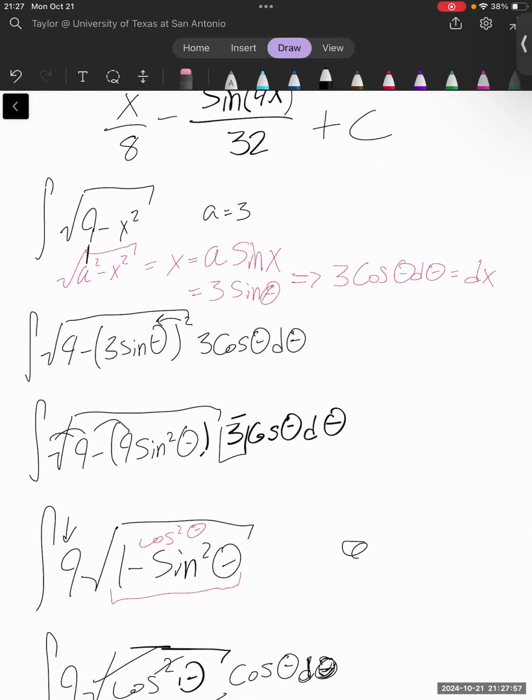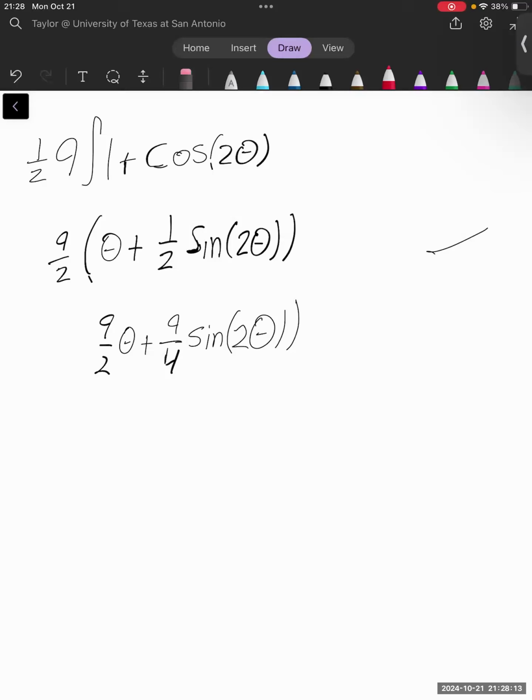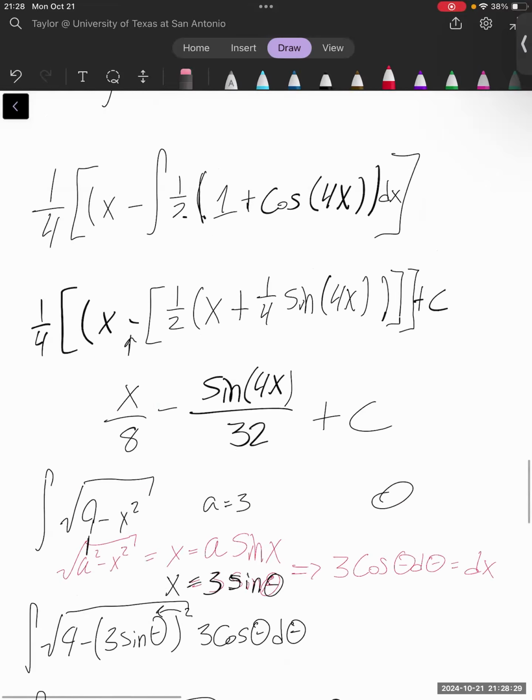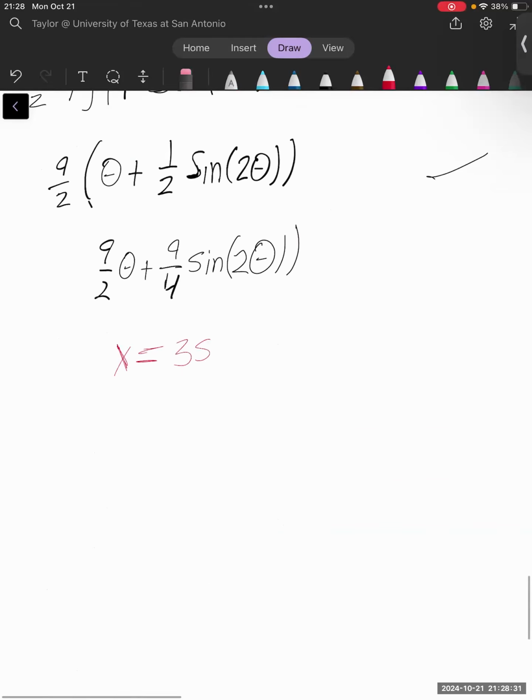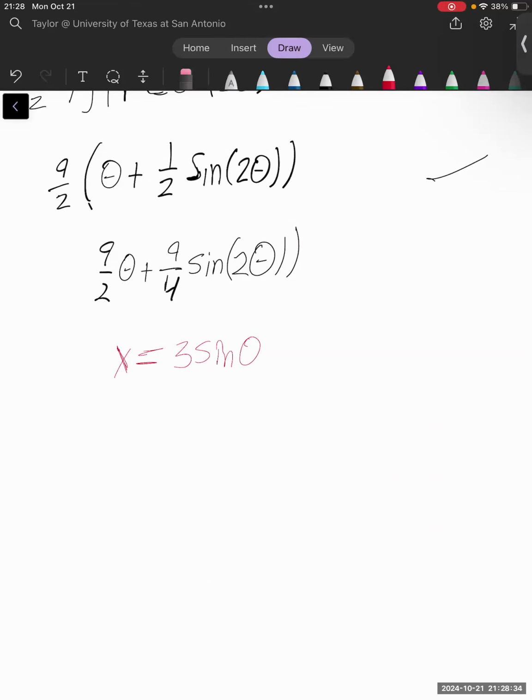And the last thing we need to do is substitute in our theta, given from this expression here, x equals 3 sine theta. What we can do is isolate theta, and I'll do that down here. x equals 3 sine theta.